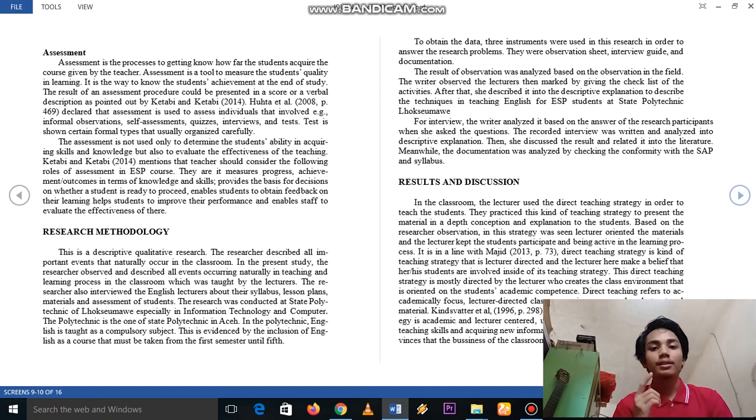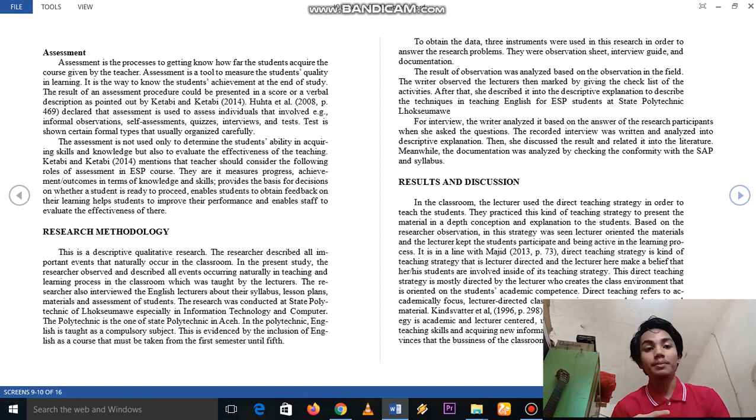Research in this journal was carried out in Lhokseumawe Polytechnic, specifically in the field of information technology and computer. In this study, 3 instruments were used to answer the research problem, namely observation sheet, interview guide, and documentation.